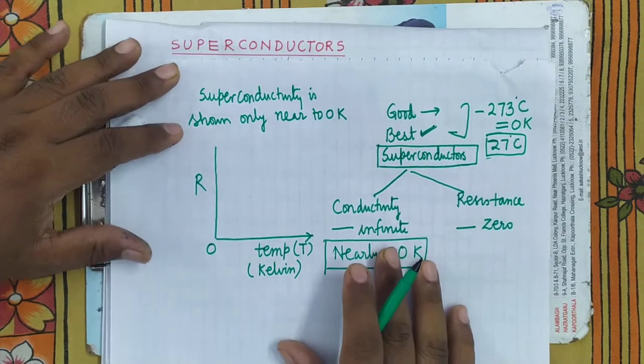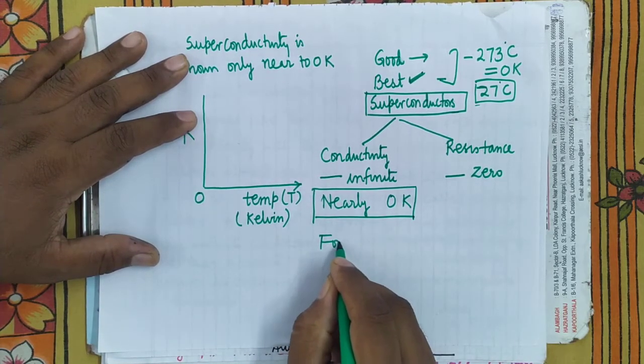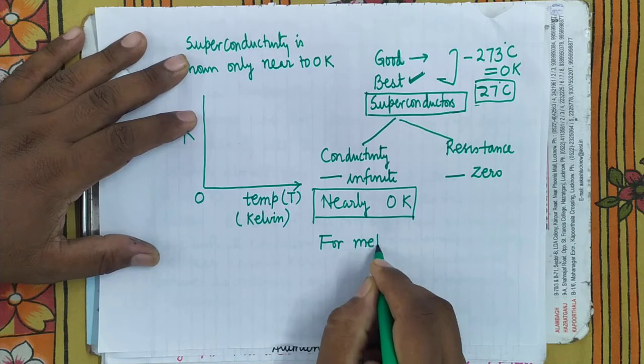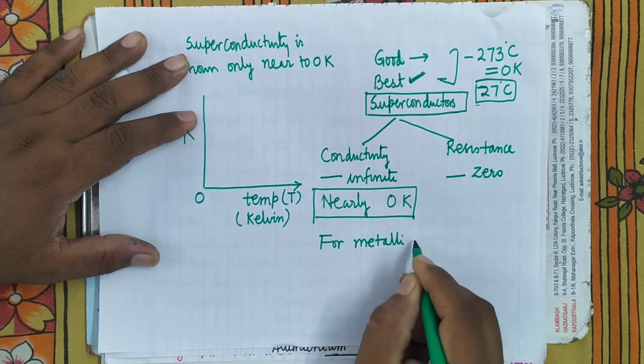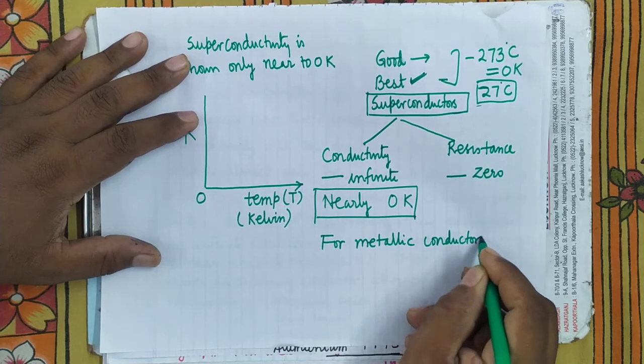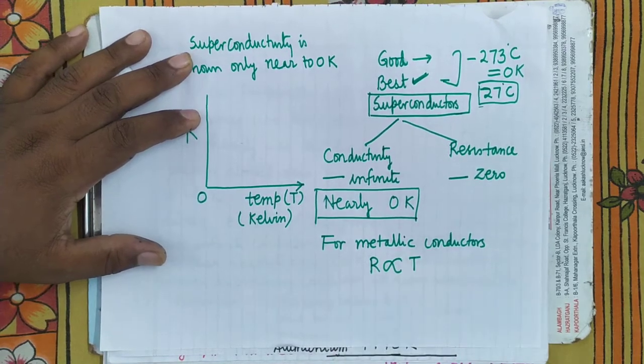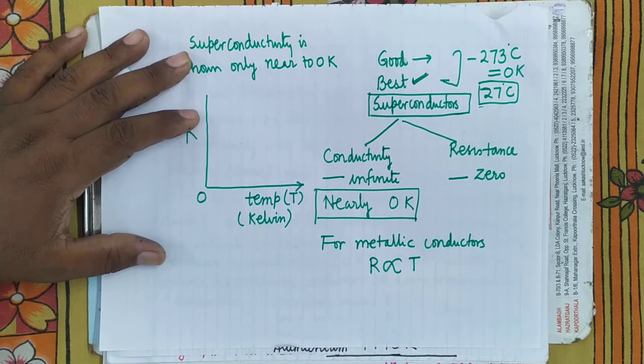So it has been found that for metallic conductors, resistance is directly proportional to their absolute temperature.